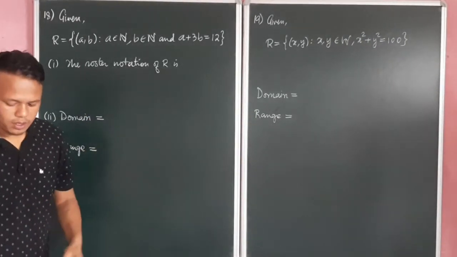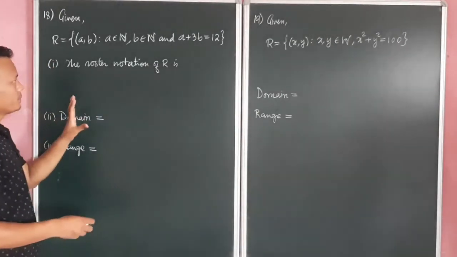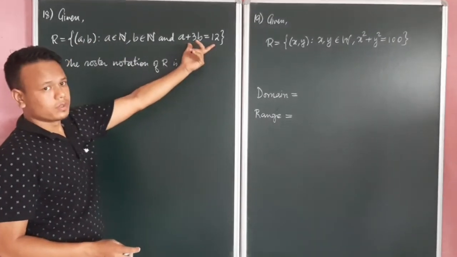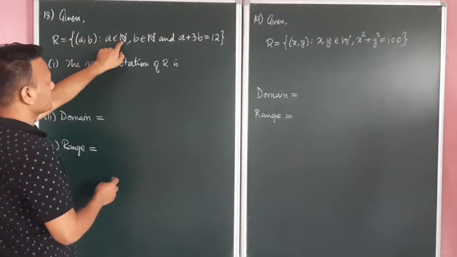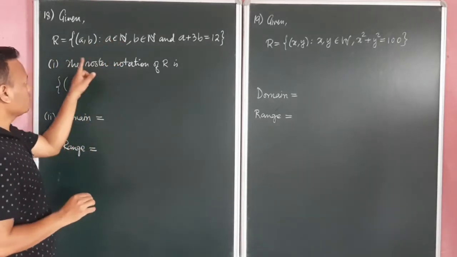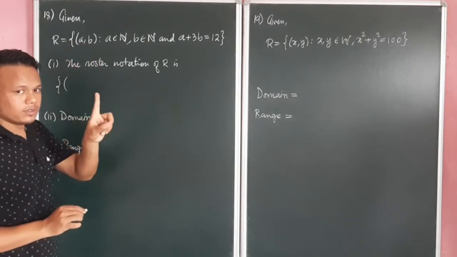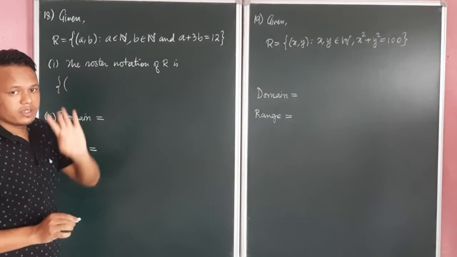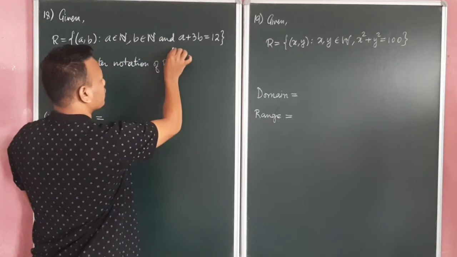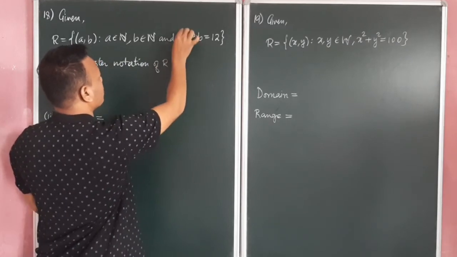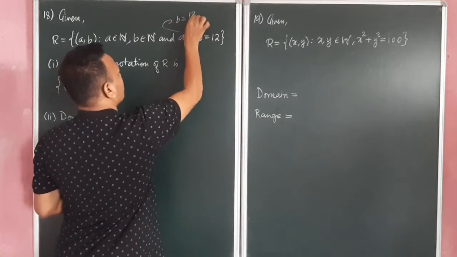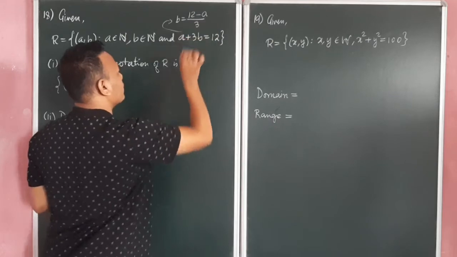Alright, so let's see how to do this sum. Here A and B are related in this manner. Since A is coming from natural numbers, let's see what will be the first element. The first value of A can be taken to be 1, because the natural numbers always start with 1. If I choose A to be 1, let's see what will be the value of B. A goes over there, so (12 minus A) divided by 3.